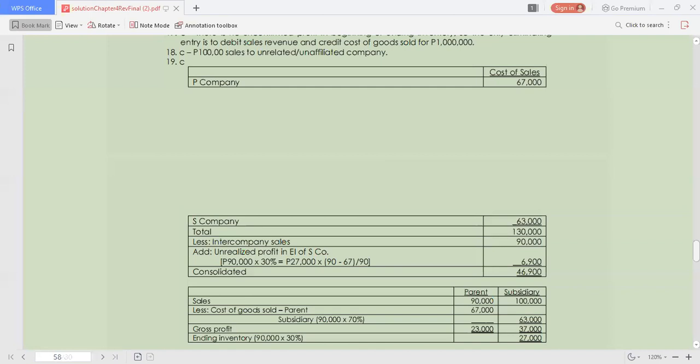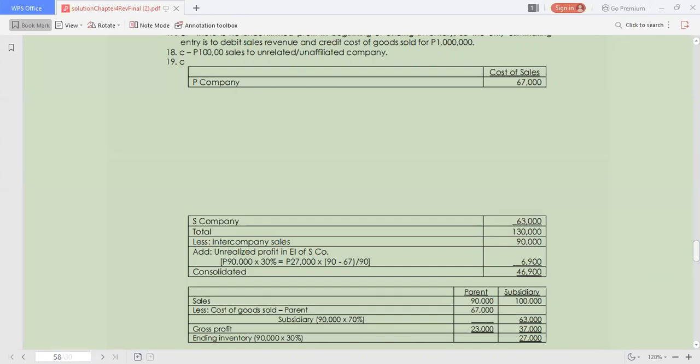This time, we have an upstream sale because the seller of the merchandise is Scrooge selling to Pilfer. So we have now the sales to unrelated companies. That will be the only amount of sales that will be shown in the combined statements. Now, so number 18 is C.